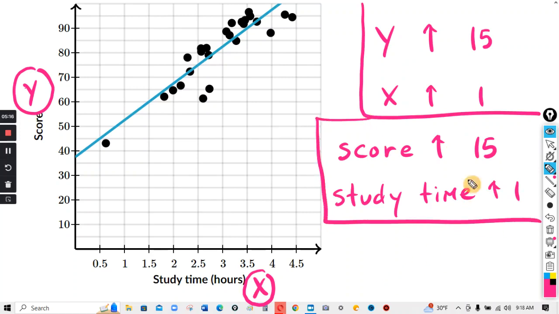We want to look for the choice that has this answer. The score goes up by 15 when the study time goes up by 1, and that's in hours. It might have hours in the answer. We're looking for this.